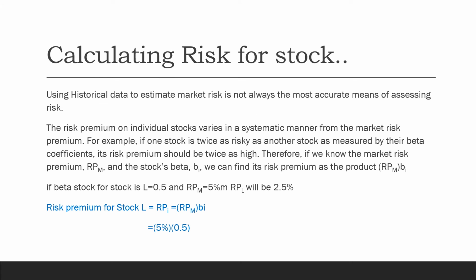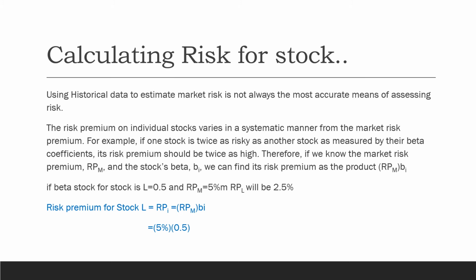So one method to do it is to use the historical data to estimate risk. However, that is not always accurate given the volatility of the market. Risk premium on individual stocks usually varies quite a lot. That is why we often add in risk premium based off the beta stock.